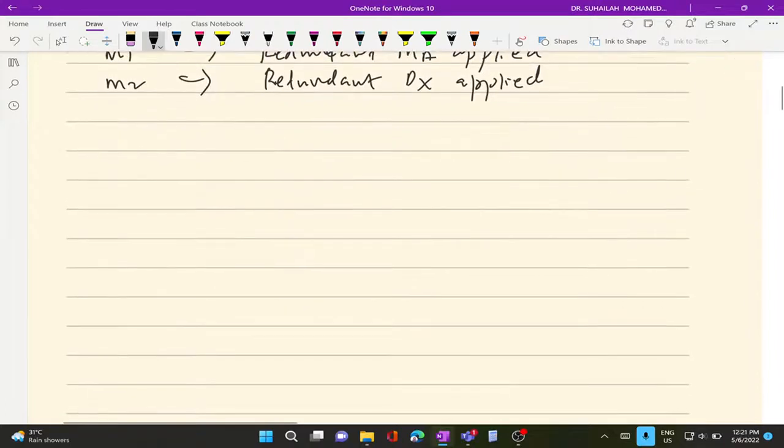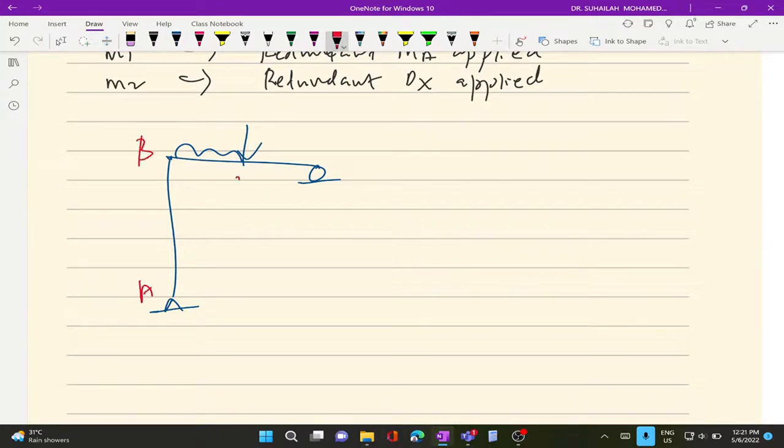Okay, so we have 3 systems like this. So this becomes pin now, this becomes roller. So this is A, B, C, D. This is for M naught.